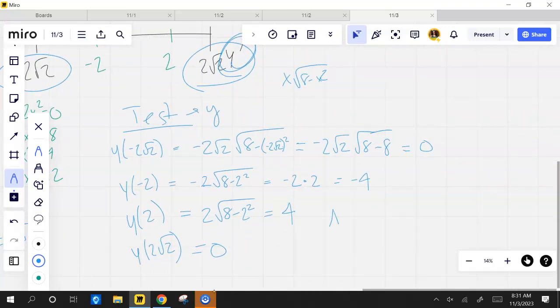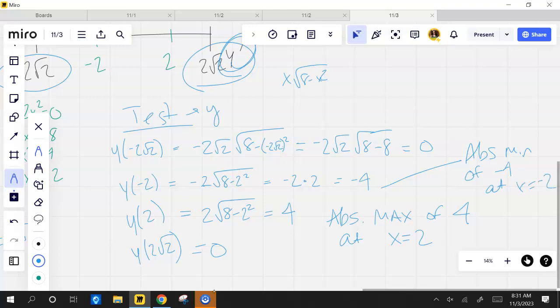Absolute max of 4 at x equals 2, and I have an absolute min of negative 4 at negative 2. All that's from the first derivative test. That was a lot.